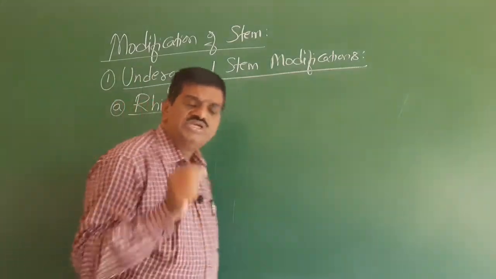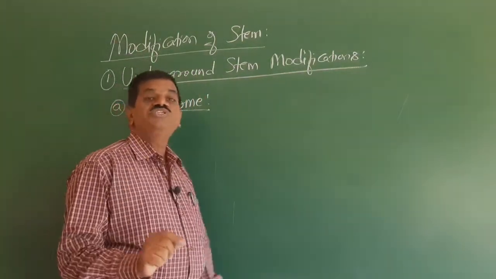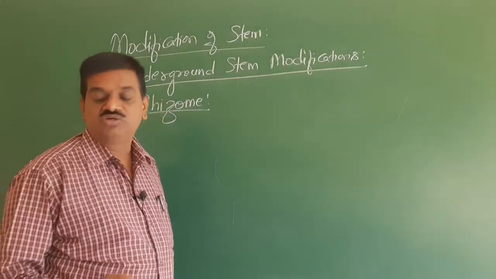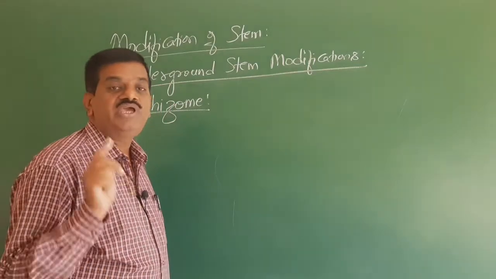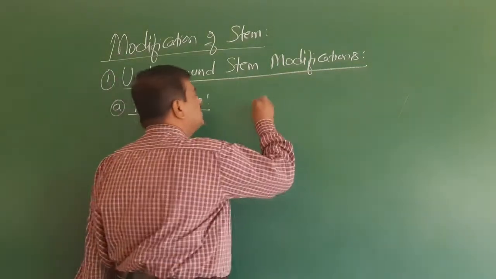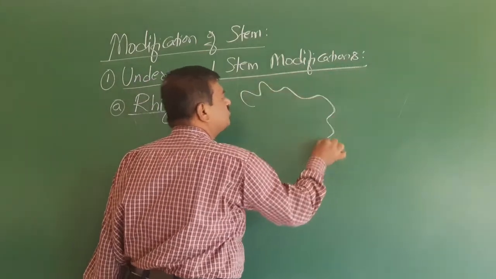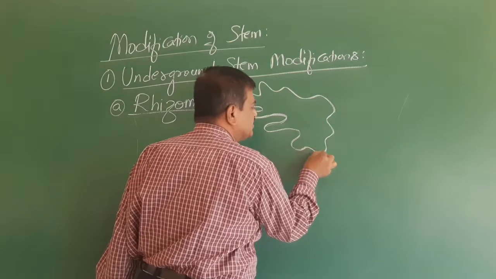The underground stem called rhizome is present below the ground and grows parallel to the soil surface. Ginger is one of the examples.